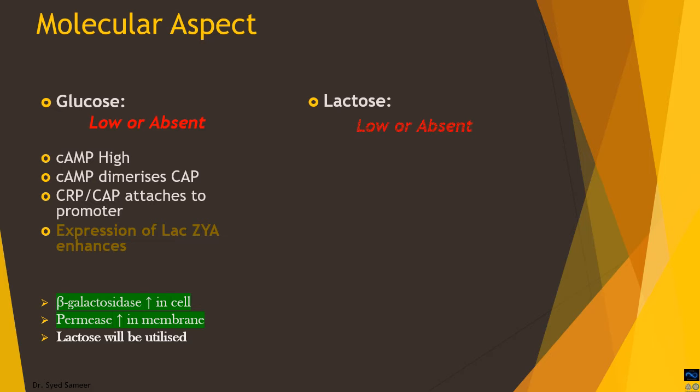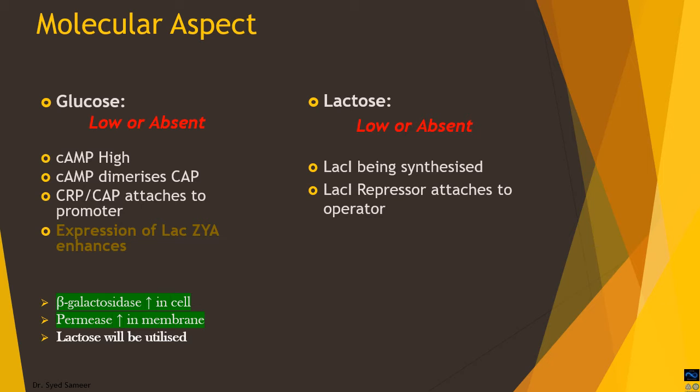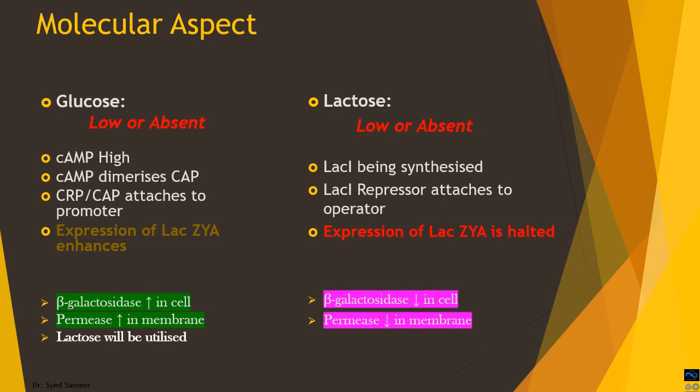And in contrast, when lactose is low or absent, what will happen is that the Lac-I will be synthesized. Lac-I will cause the repressor to dimerize and then attach to the operator. When it binds to the operator, the RNA polymerase will not be able to do the promoter clearance, and it will not be able to express the Lac-ZYA structural part of the operon, and hence the products, beta galactosidase and the permease, will be very low in the E. coli, and the E. coli will be able to use only glucose.